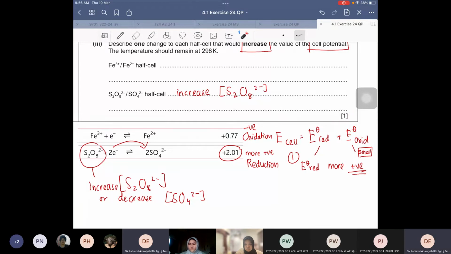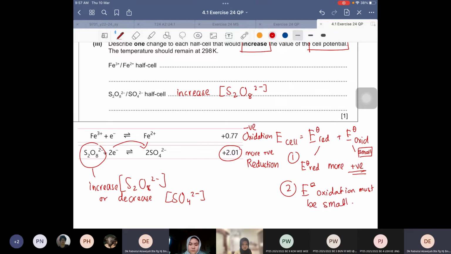How do we make 0.77 smaller than it already is? We cannot make it more positive, because if we make it more positive, for example 0.80, when we write it down as oxidation it will be minus 0.80, and subtracting a big number will make your E cell smaller. So the second strategy is that our E° oxidation must be small.